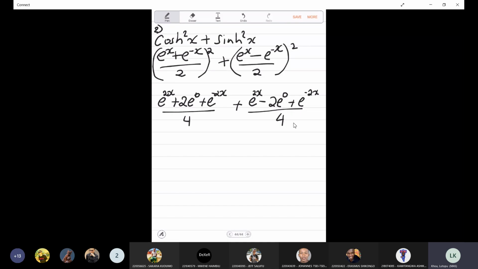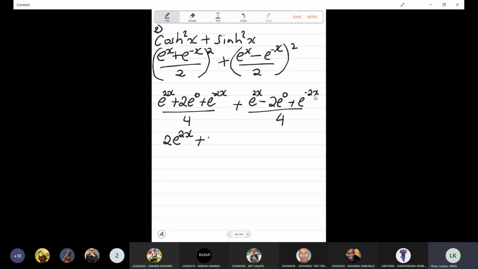So again, you can see our denominators are the same, so we can just add the numerators of the two functions. So I have e to the power of 2x plus e to the power of 2x. This gives me 2 e to the power of 2x. I have e to the power of 0 plus negative e to the power of 0. That will give me 0, because 2 plus negative 2 is 0. And then e to the power of minus 2x plus e to the power of minus 2x.